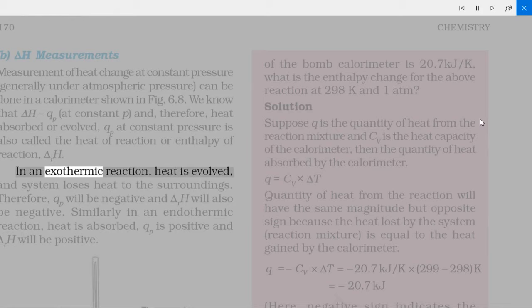In an exothermic reaction, heat is evolved and the system loses heat to the surroundings. Therefore, qp will be negative and ΔrH will also be negative. Similarly, in an endothermic reaction, heat is absorbed, qp is positive and ΔrH will be positive.